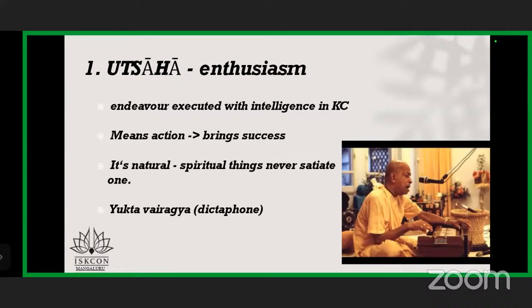Normally it is said that sannyasis should not be using these things. Most of the time, if you see Mayavadi sannyasis, they are running far away from all these material things. But Prabhupada used these material things. He used money, right? You can't see any ISKCON temple where it is very low-class.